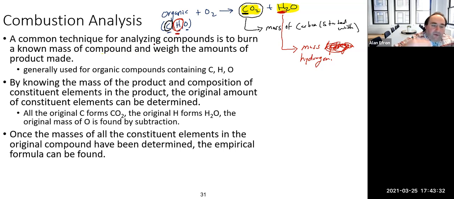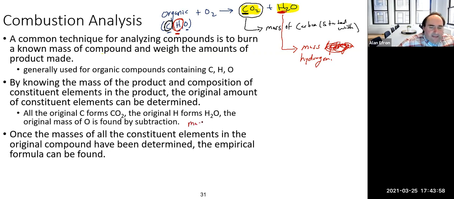So through this procedure where you burn this organic substance in a closed system, and we'll see a picture of it in just a second, you're able to absorb and collect all this water. You're able to absorb and collect all this carbon. And why is that important? Well, through calculations, we will then know the mass of hydrogen. We will know the mass of carbon.